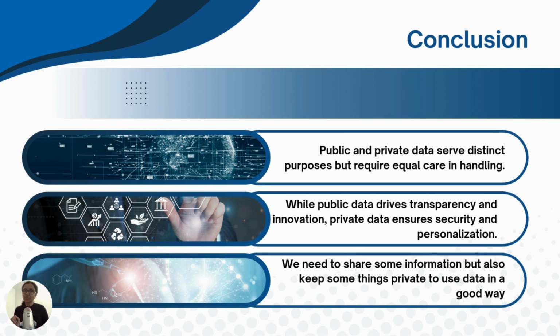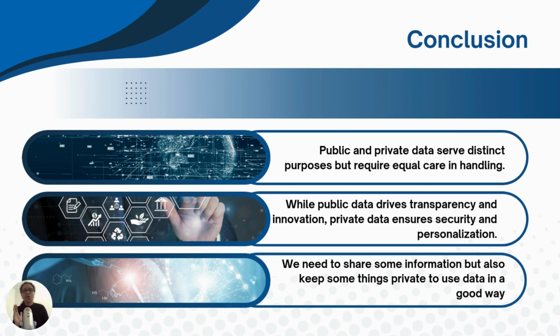So, what is the conclusion? First, public and private data serve distinct purposes but require equal care in handling. That means if you have public data and you are doing something wrong with the data, you should follow the rules and handle the data the proper way.